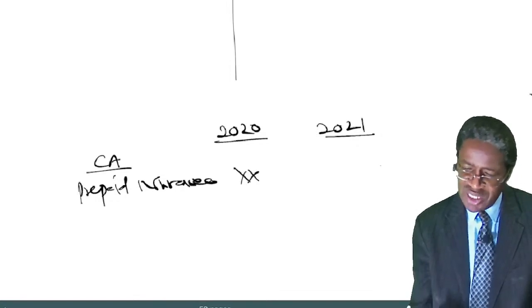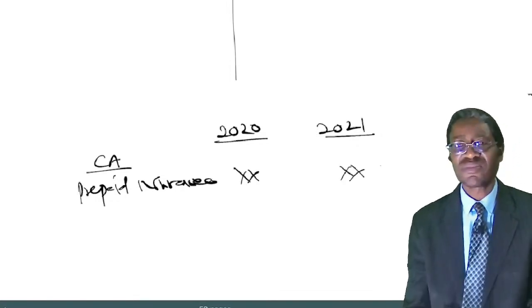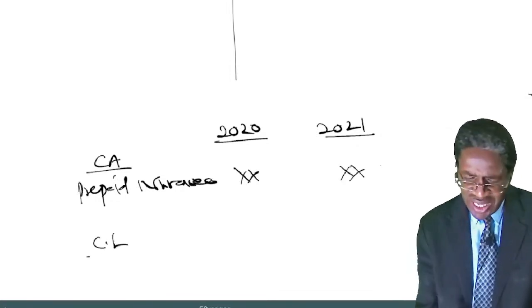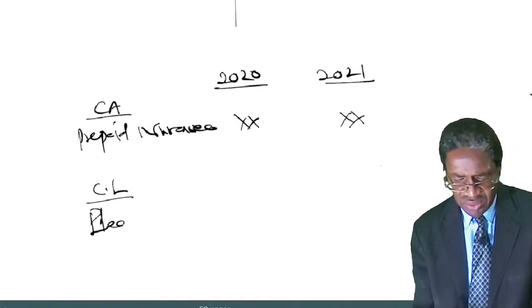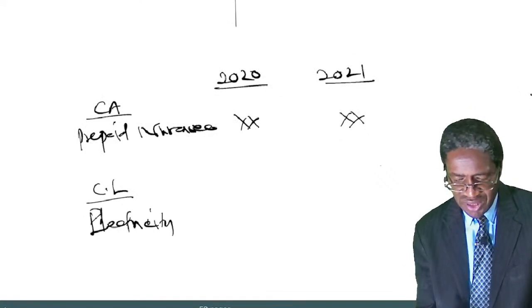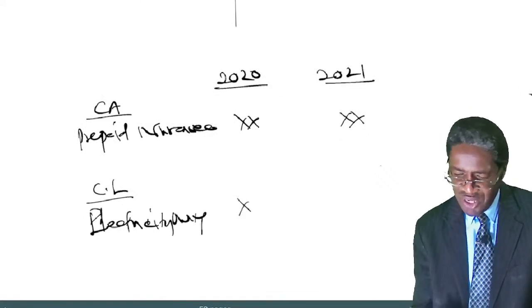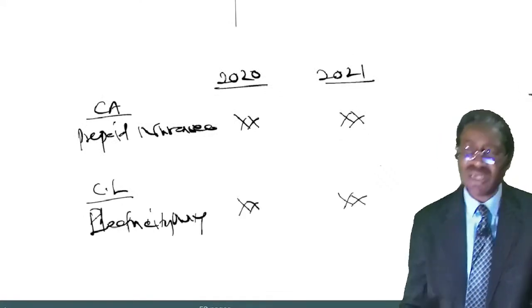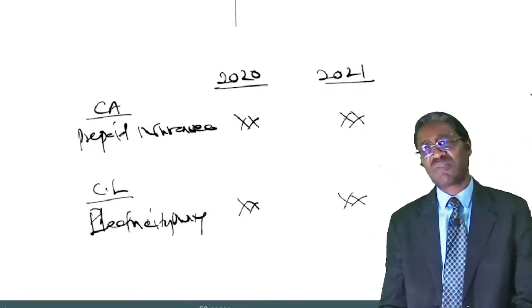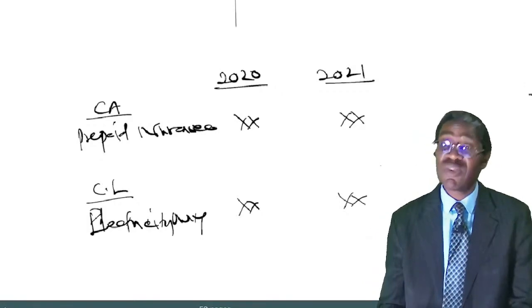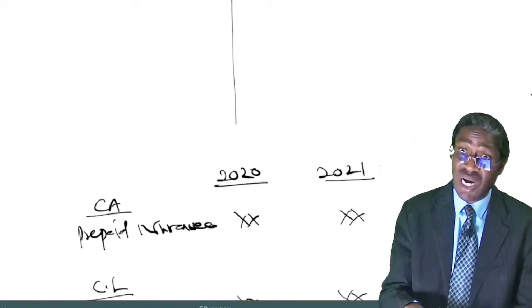One figure last year, one figure this year. Maybe among your current liabilities there, you had some electricity owing. One figure last year, another one this year. So these are items that will automatically become the opening balances in this account.